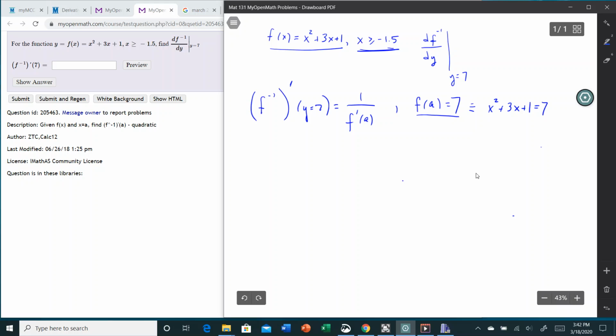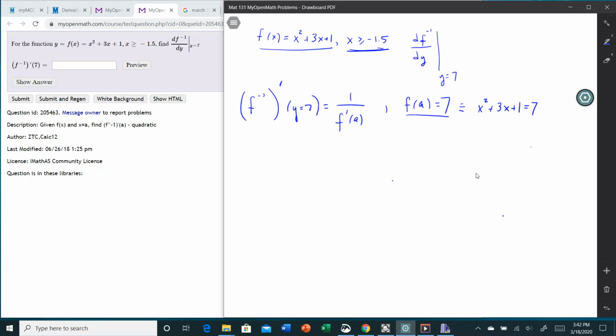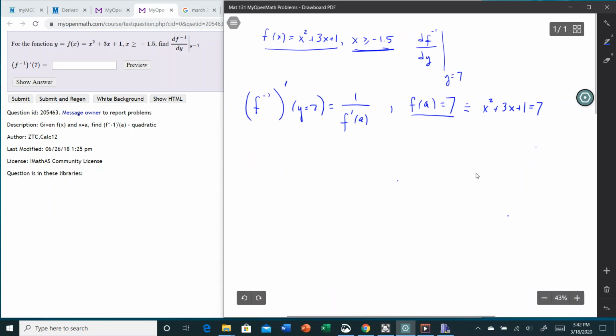So that's a pre-calculus problem. It's actually an algebra problem. To solve that, you subtract 7 from both sides, because it would be a quadratic equation. So subtracting 7 from both sides, you'd have x squared plus 3x minus 6 equal to 0.